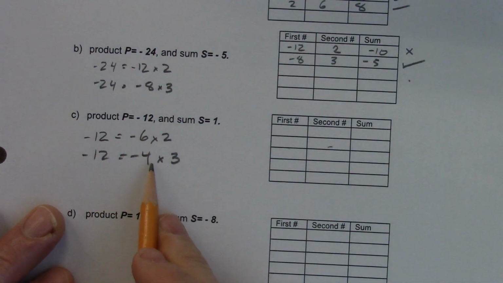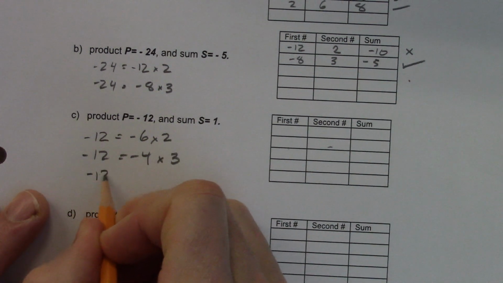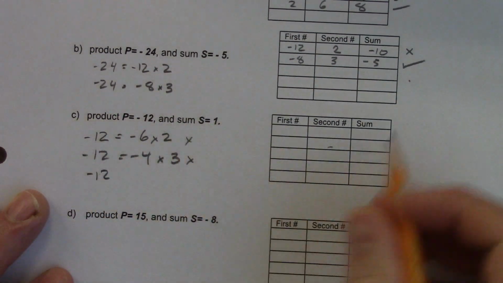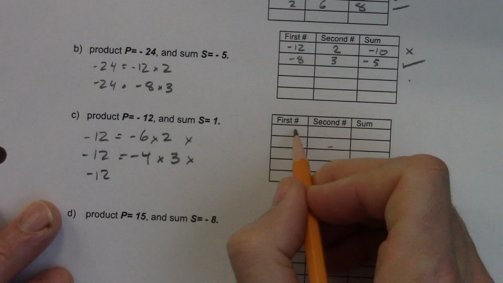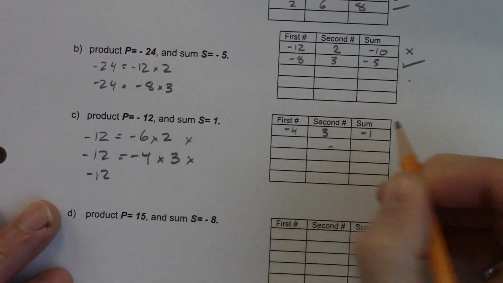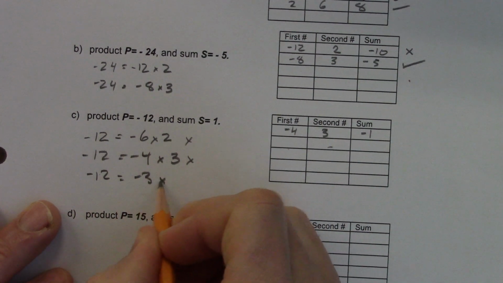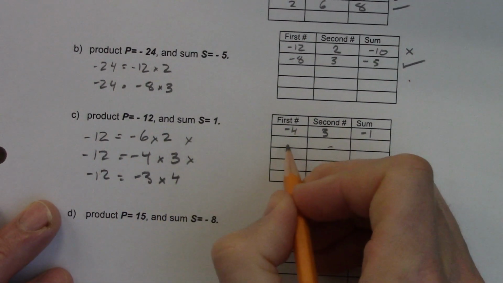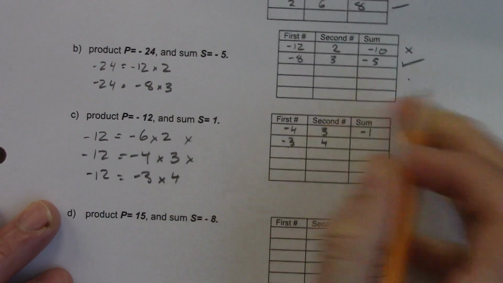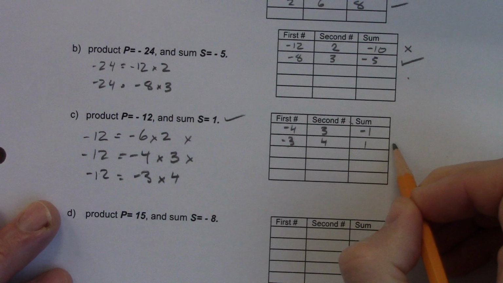This would give us negative 12, but the sum would be negative 1, so that wouldn't work. How about negative 3 times 4? If we sum those, we get positive 1. So that would work.